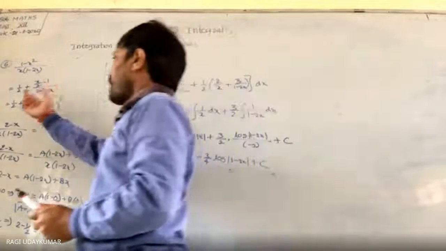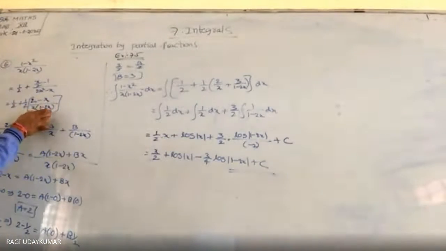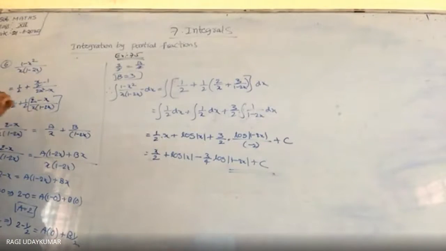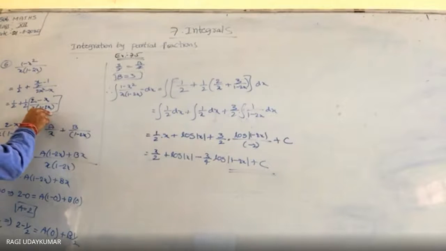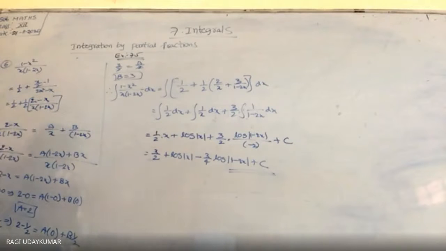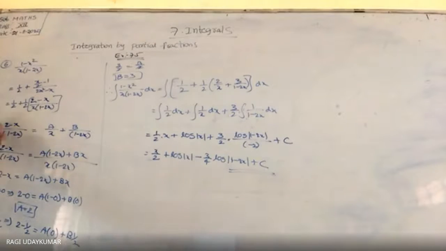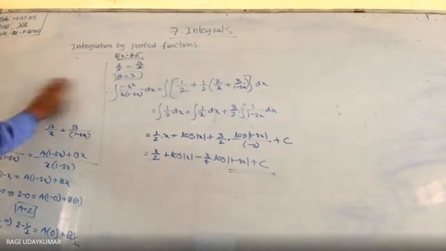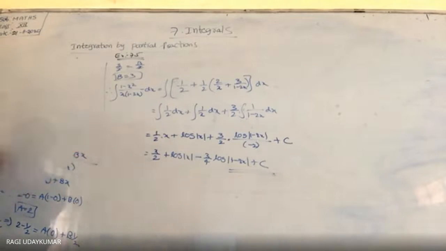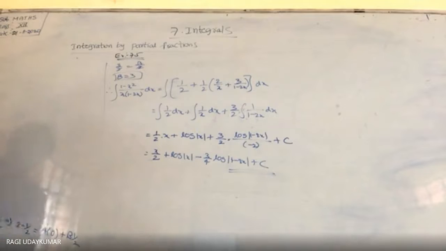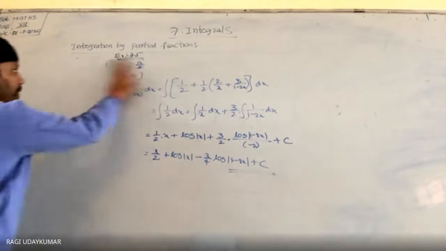After finding the division you are going to get a constant or a polynomial function plus a proper rational function. This proper rational function you split using partial fractions. See here, problems are not of a different model, but all the problems look very lengthy; they are all easy problems, only the problem length is more.